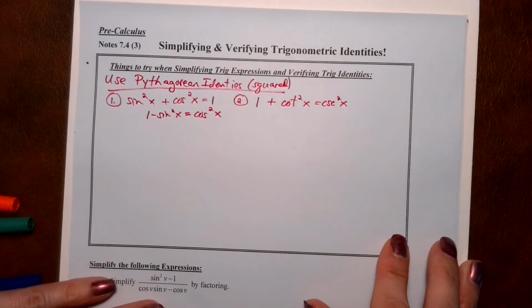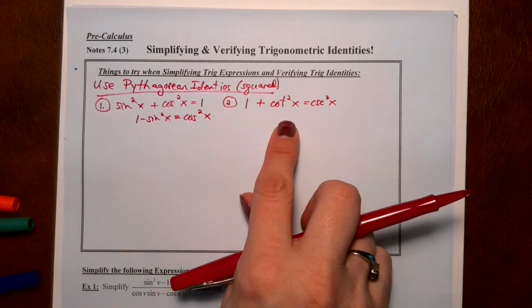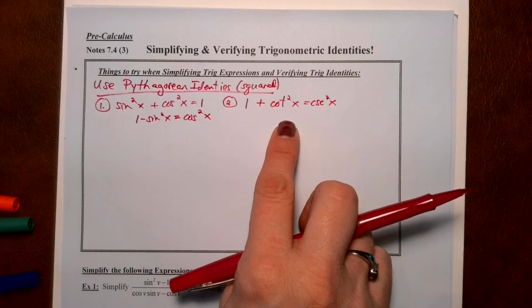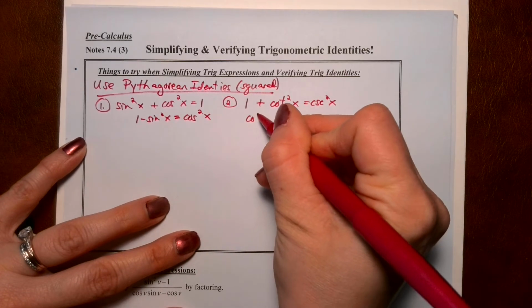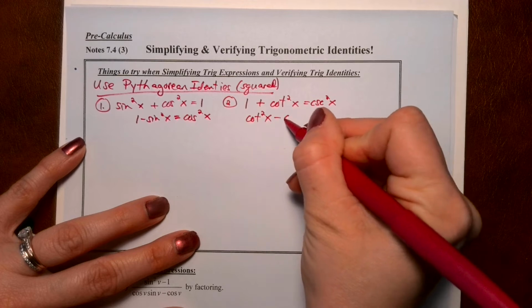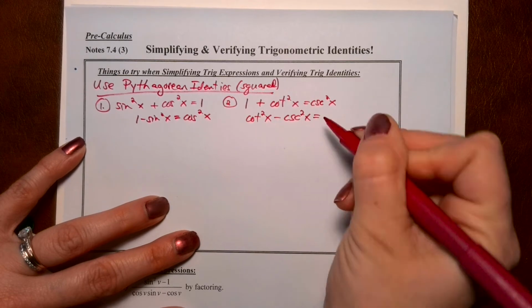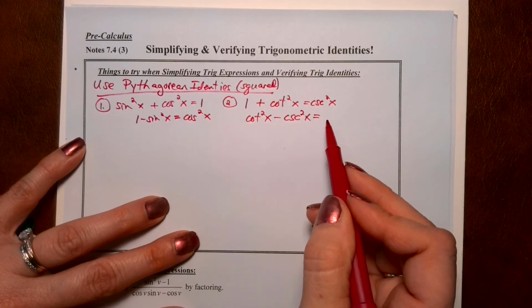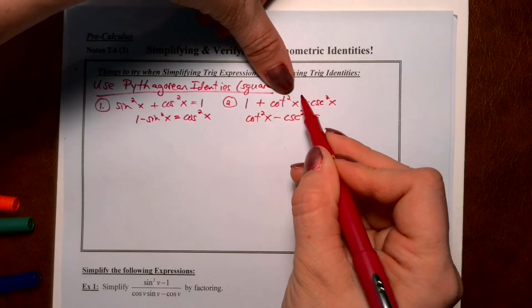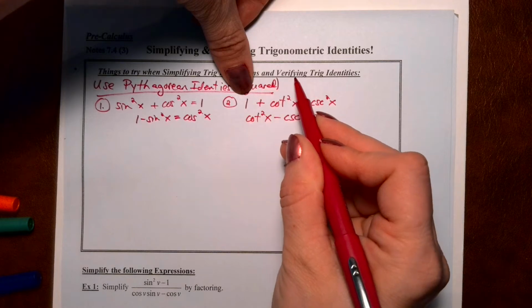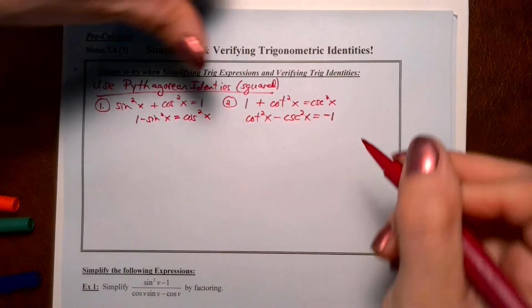So that's the second identity. And of course this could be rearranged. If you happen to see cotangent squared of x minus cosecant squared of x, what would that be equal to? If cosecant squared was on the left-hand side, then the 1 would go over there. That would be replaced with a negative 1.